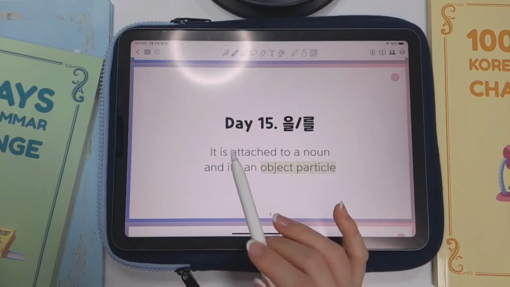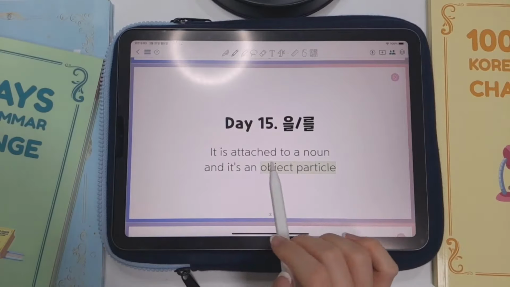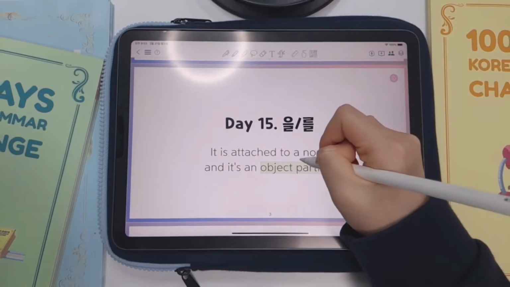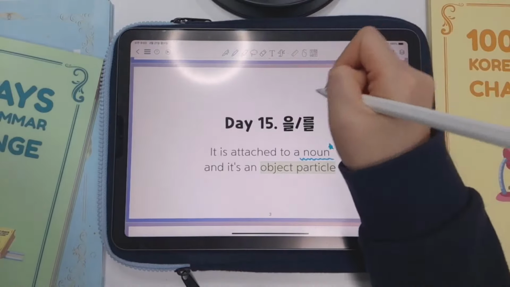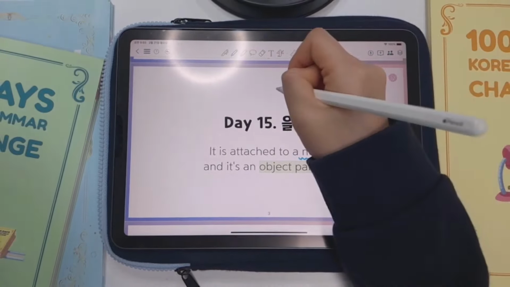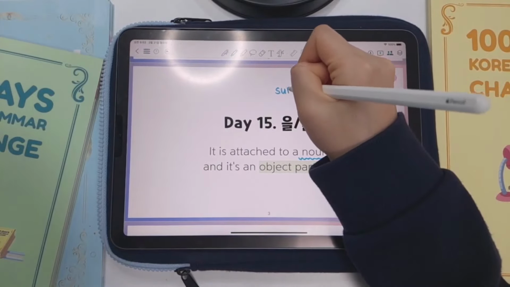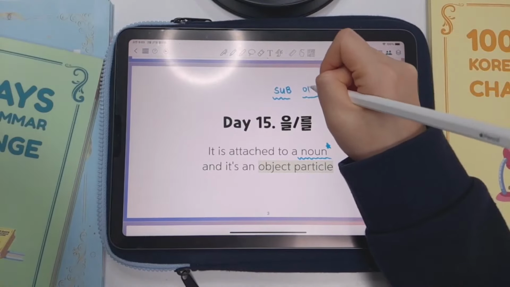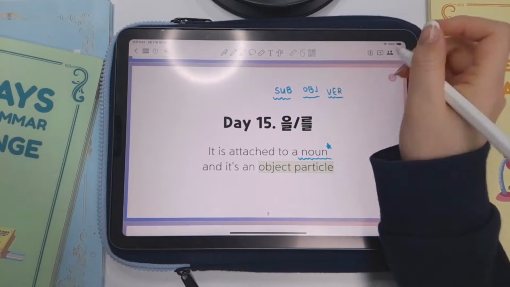Okay, so let's read the description again. Today is day 15, 을 and 를, and it is attached to a noun. Let's use the color blue for noun. Very important: if here's a sentence, then first you have to write the subject, and then the object, and then the verb, right?